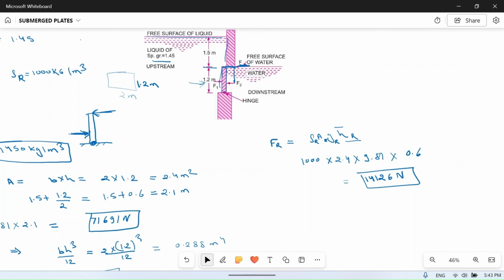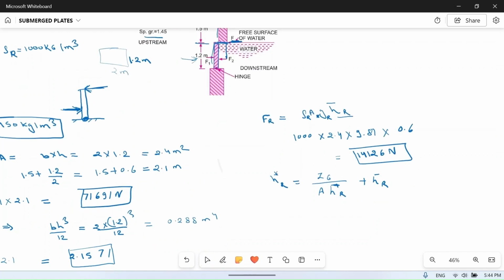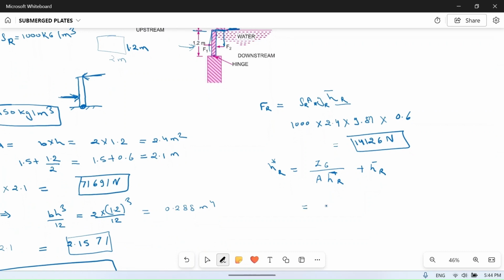Okay, so similarly, the position of center of pressure on the right side will be equal to Ig divided by A H bar on the right side, plus H bar on the right side. We had already calculated Ig, which is 0.288, divided by area 2.4, into H bar 0.6, plus 0.6.